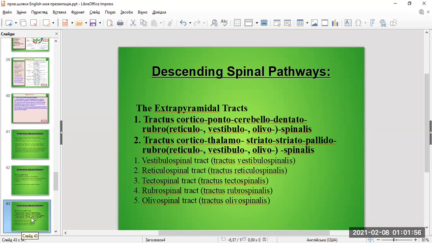The extrapyramidal tracts contain tractus cortico-ponto-cerebello-dentato-rubro, reticulo-vestibulo-olivo-spinalis, tractus cortico-thalamo-striato-pallido-rubro, vestibulospinalis, tractus reticulospinalis, tractus tectospinalis, tractus rubrospinalis, and tractus olivospinalis.